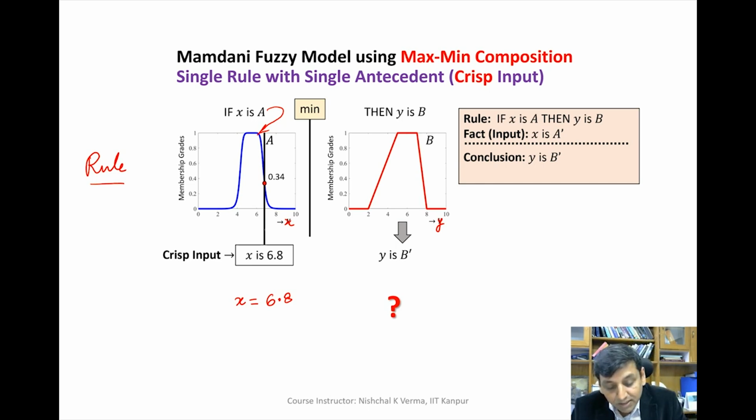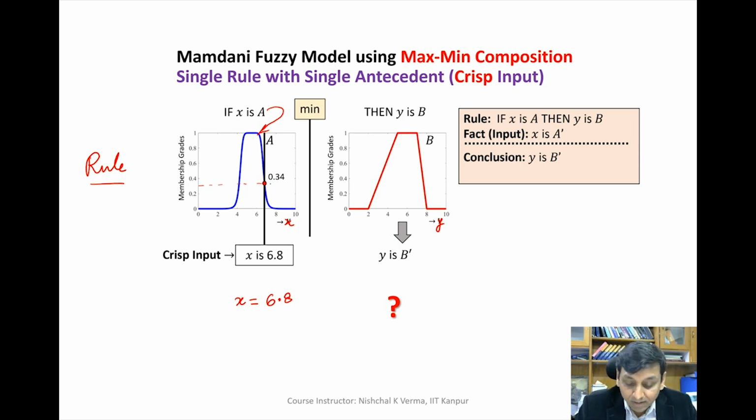So this line gives us x is equal to 6.8, and corresponding to this value of the generic variable, we have the membership value 0.34.